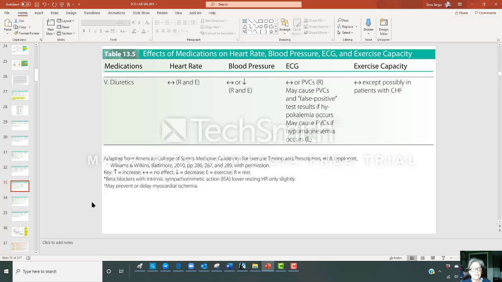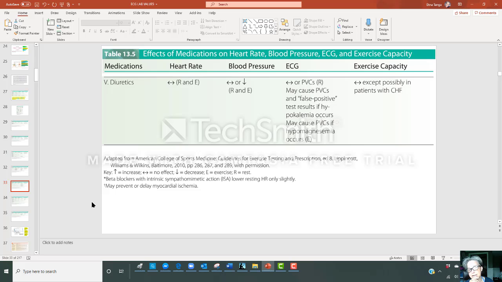Diuretics are going to have no effect on heart rate at rest and with exercise. Diuretics are not going to change blood pressure, or it's going to decrease blood pressure at rest and with exercise. ECG is going to have no effect on the ECG or PVCs at rest.